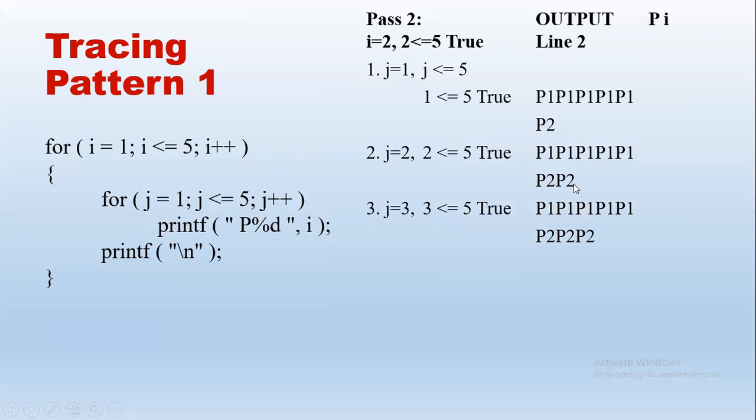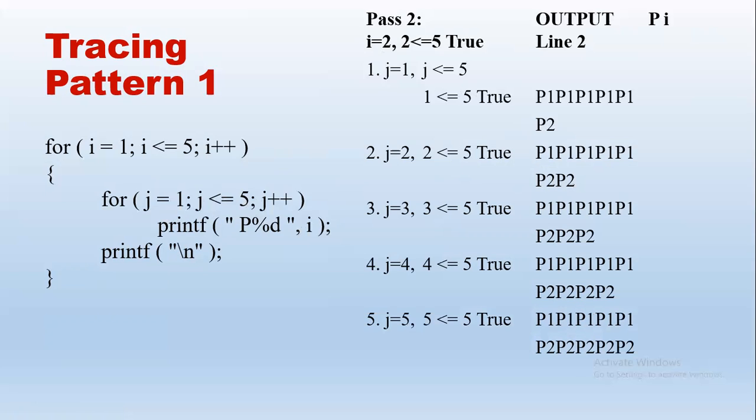Third step in pass 2, J increments to 3. 3 is less than or equal to 5, true. Print P2 in the second line, third time. Then J becomes 4. Print Pi, that is P2, printed a fourth time in line 2. Then J becomes 5. P2 is printed 5 times in line 2.